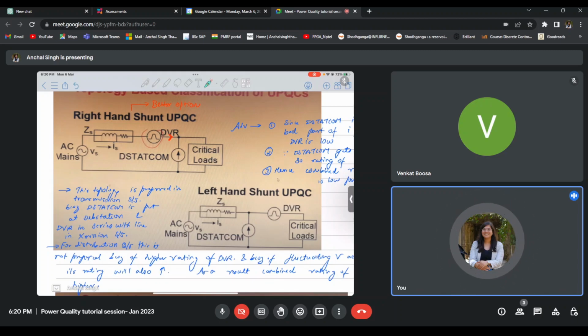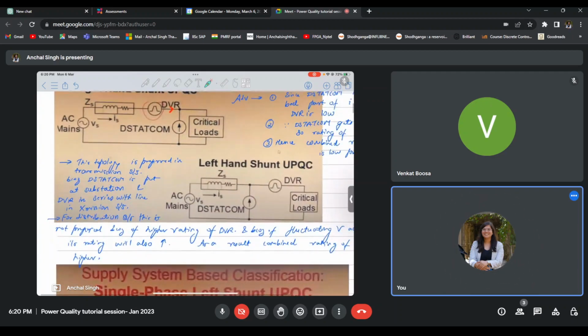Whereas when we talk about distribution, since the nature of the load is highly fluctuating, we usually don't go for series voltage kind of devices in the distribution system. Therefore, these left-hand type of configurations are mostly used in transmission systems.